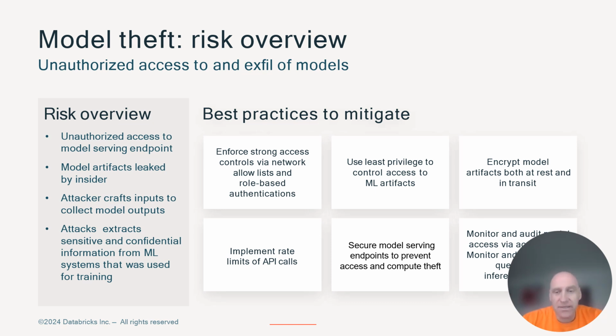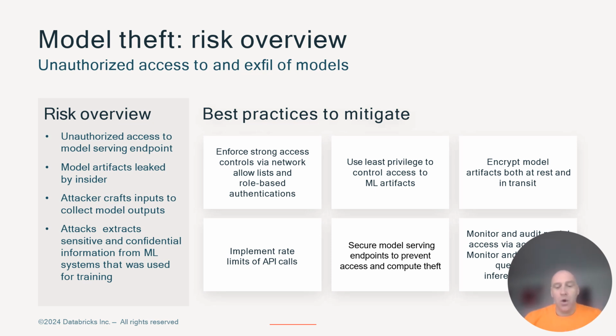We also must encrypt model artifacts both at rest and in transit. And we need to monitor and audit access to our models and to the inference architecture. So that's the risk overview and the best practices to mitigate.